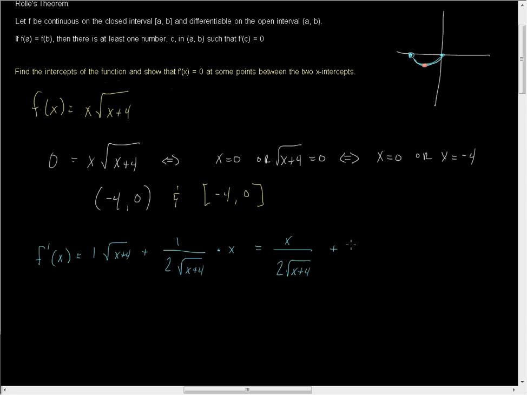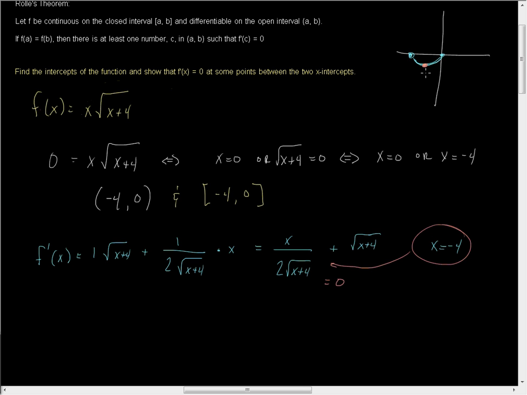And so we have x over 2 root x plus 4 plus root x plus 4. Now the question is, do we have any problems in here? If you notice, we don't have any problems until we hit x equals negative 4. At x equals negative 4, we have an issue down at the bottom because this makes it equal to 0. Luckily though, it asks whether it is differentiable on the open interval, and the open interval does not include that endpoint, so we're safe. So this is differentiable everywhere in the open interval from negative 4 to 0.